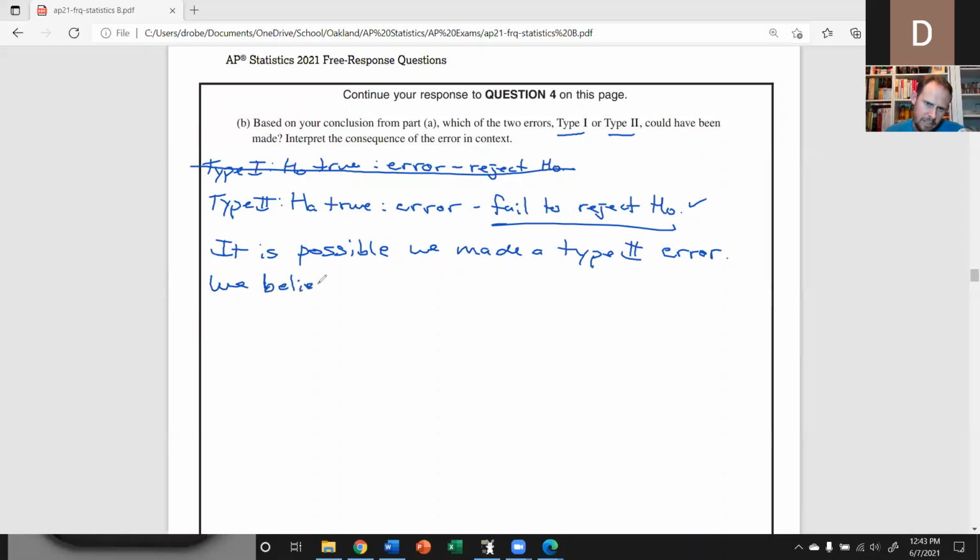We believe that P is not greater than 40% when it actually is greater.